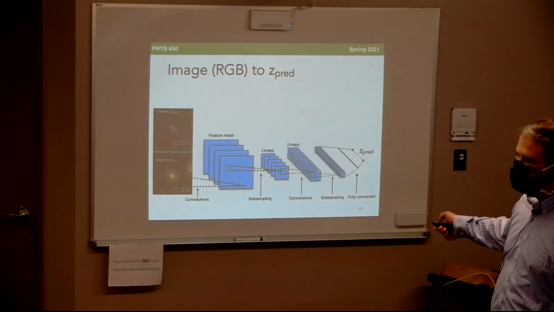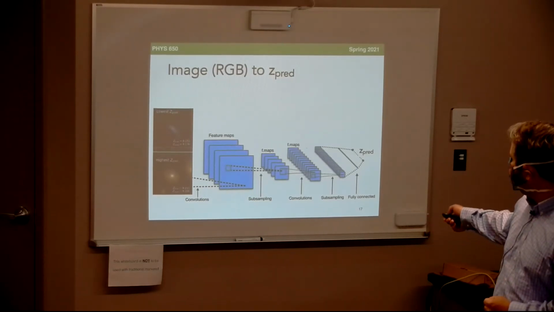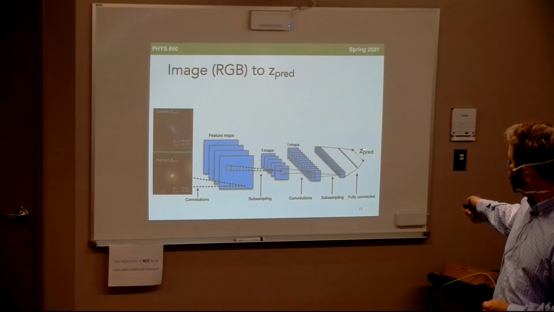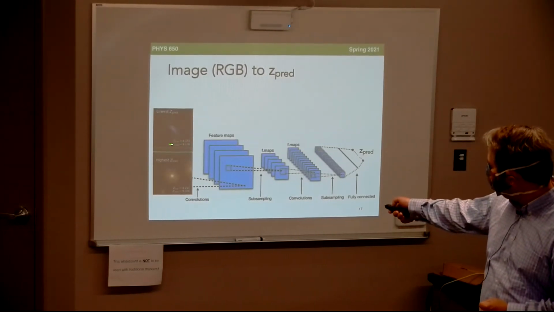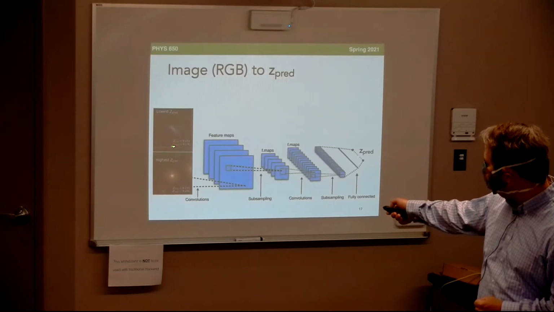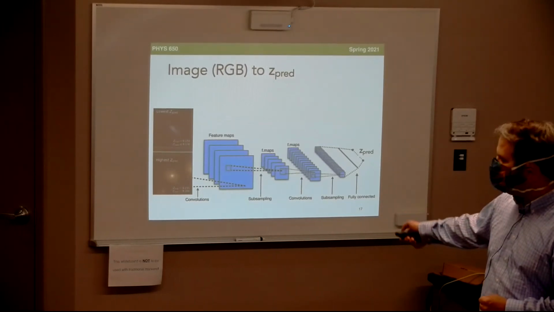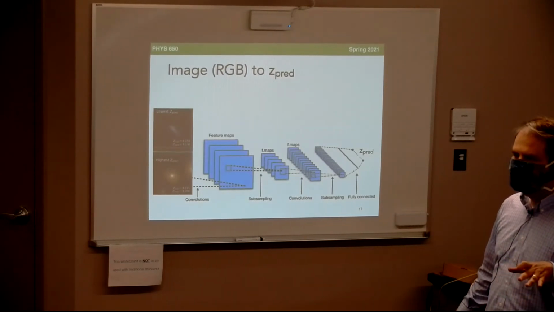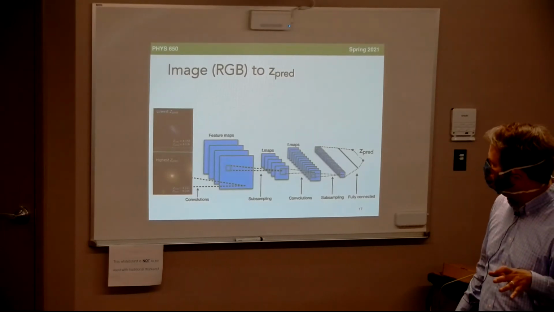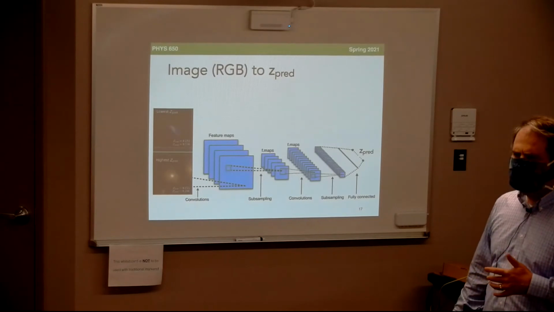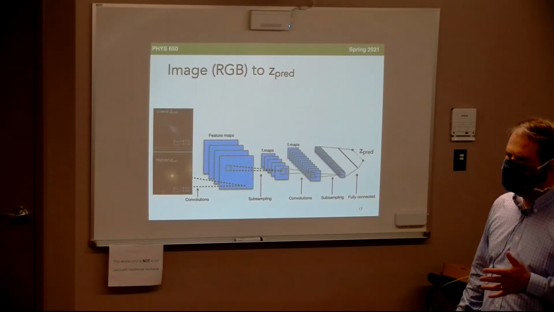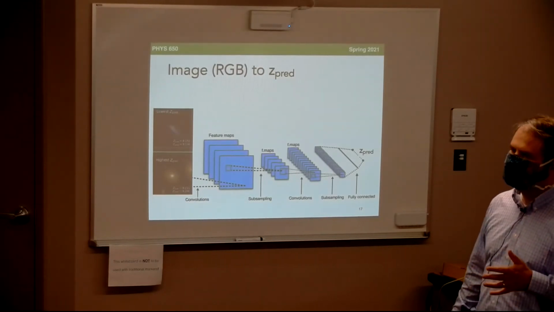It goes through subsampling, that's a step down, another feature map, more convolutions, subsampling, and then predicts something. I want you to notice that there are two numbers at the bottom, z and z predicted. This is a logarithmic scale, so a tenth of a dex difference is already a fair amount; 0.2 dex is twice as much.